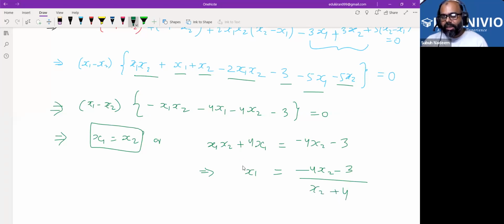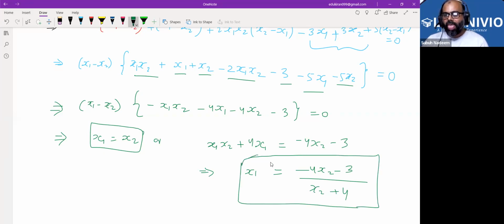So x1 is also not necessarily equal to x2, which means that f of x1 is equal to f of x2 even if x1 is not equal to x2.